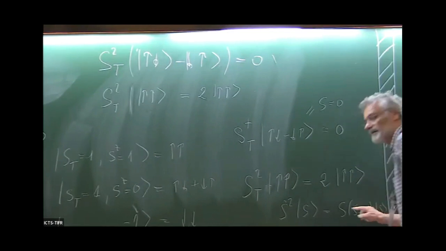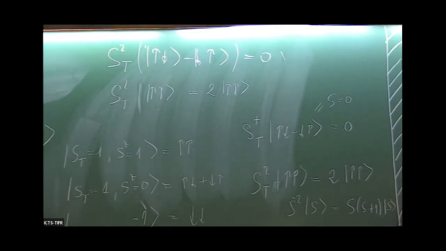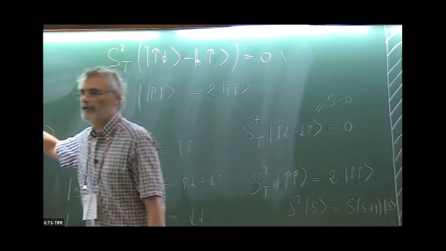So we use this fact, that if we apply the total spin squared operator to a triplet or singlet, we will multiply the state by S times S plus 1. This is coming from the spin algebra. So this is what I wrote here.